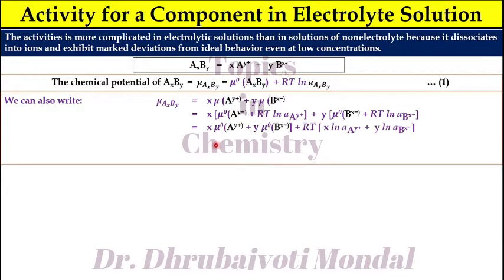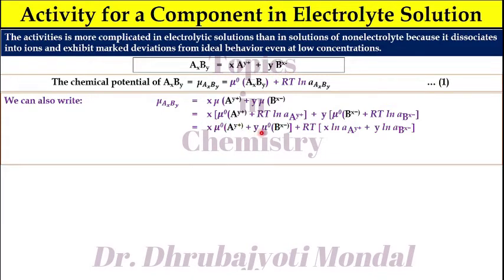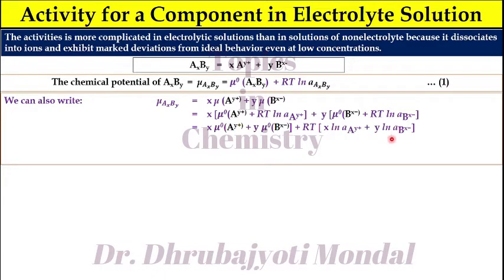Therefore, you can write x mu 0 cation plus y into mu 0 of anion plus RT x ln activity of the cation plus y ln activity of the anion.